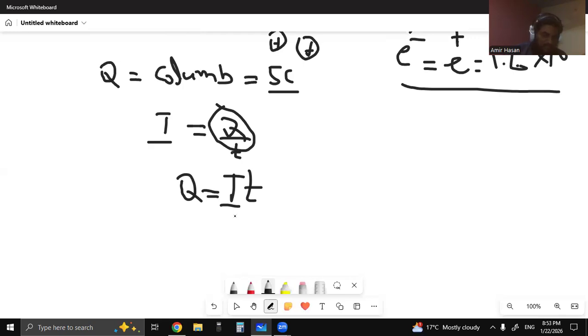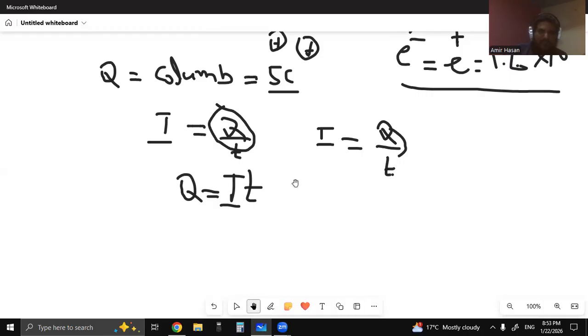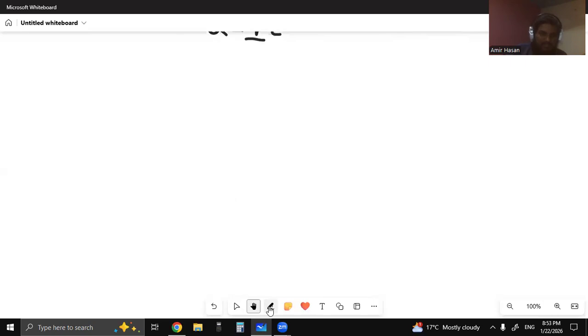This is the formula for electrical charge, and the unit of charge is the coulomb.